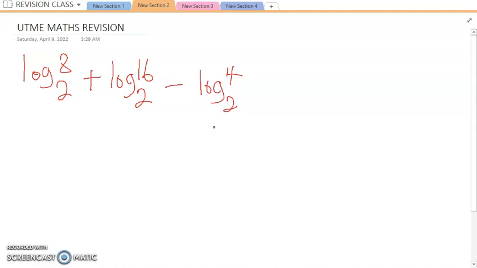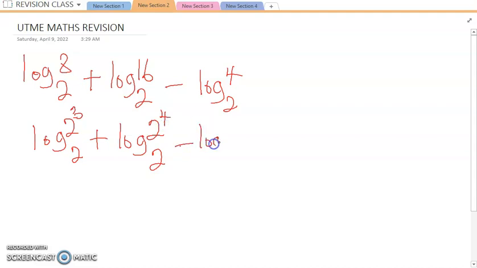Now, if you look at it, the bases are 2, but the numbers are 8, 16, 4. But all these numbers can be expressed in form of 2. We know that 8 is the same thing as 2 raised to power 3. So we can write and say we have log base 2, 2 raised to power 3, plus log 16 is 2 raised to power 4, minus log, and 4 is 2 raised to power 2.